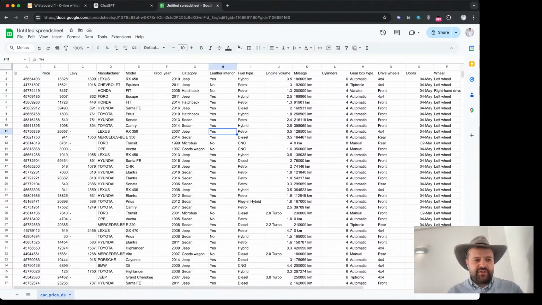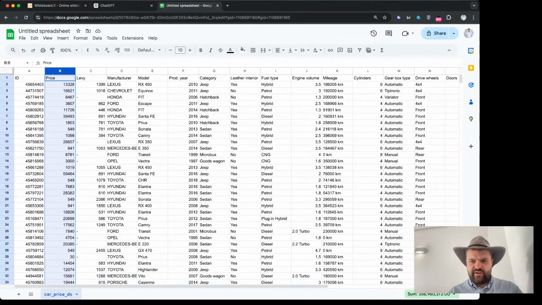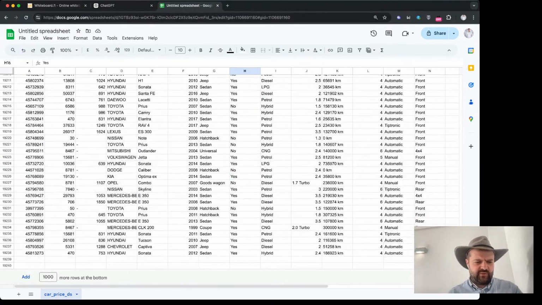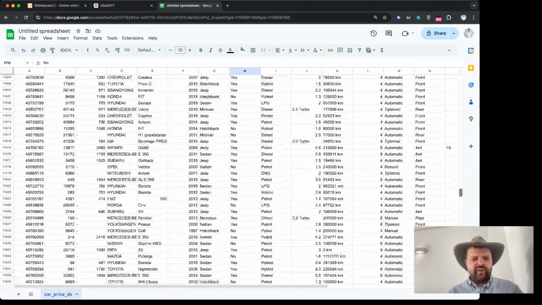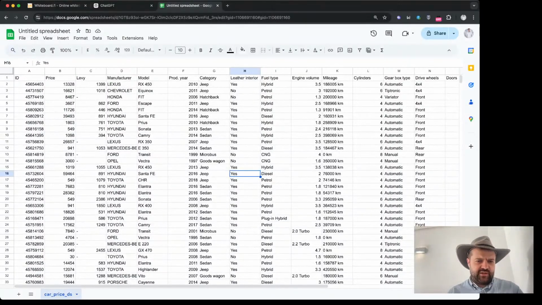So this is the data set. We have an ID column, we have price. Maybe I can make it larger. We actually have lots of rows. I don't see how many rows we have, but it should be many thousands, about 20,000 rows. These are cars like Lexus, Chevrolet, Honda.